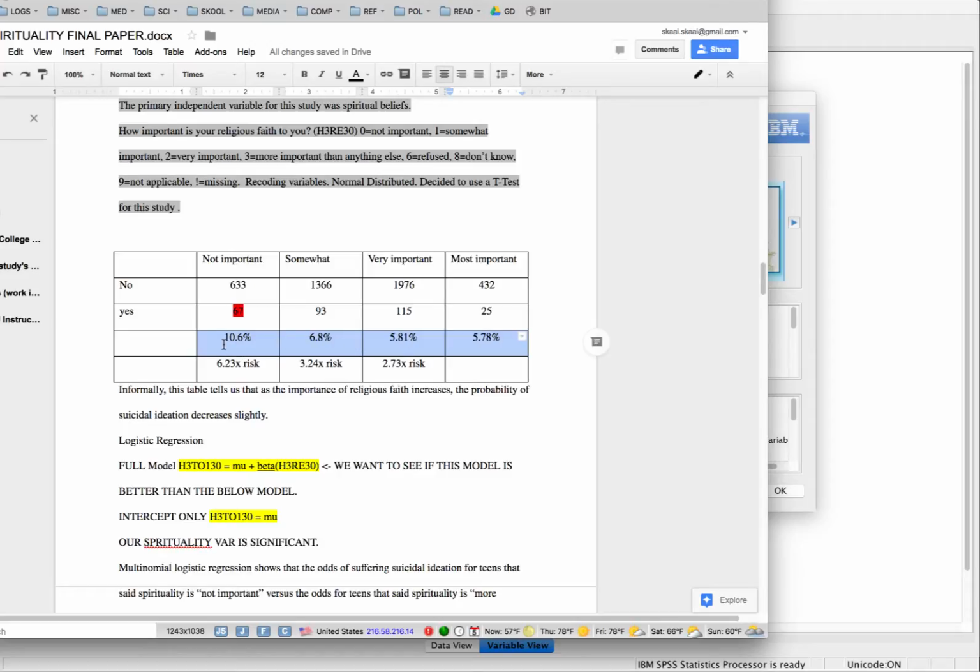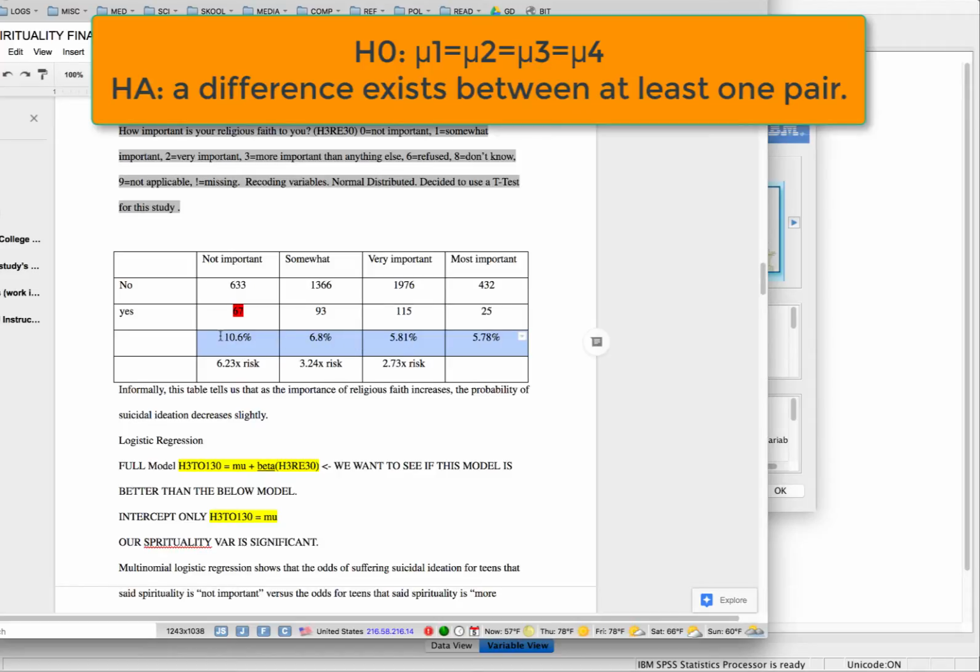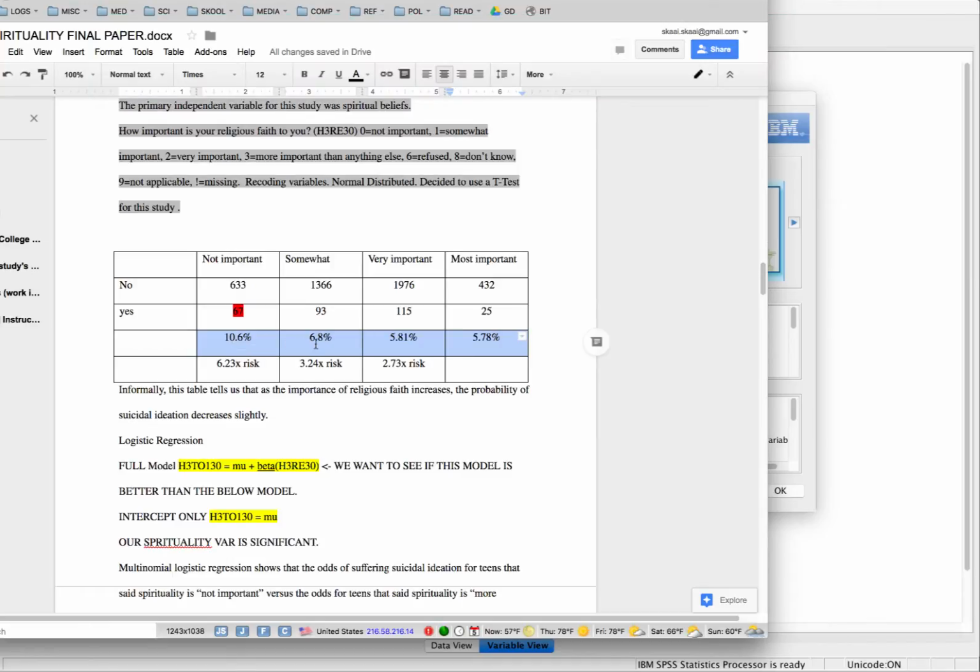The null hypothesis is that there is no difference between these, whereas the alternative is that there is a difference. Now these values are actually off, so don't trust these, but they're close. This one's actually 9, and this one is 6, and this one is 5, and this one is 5.